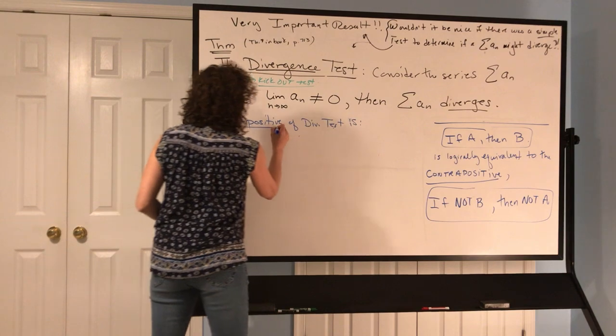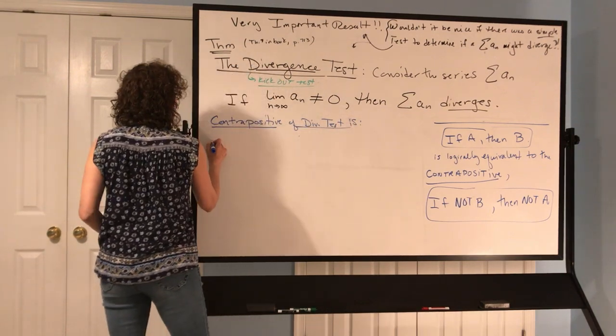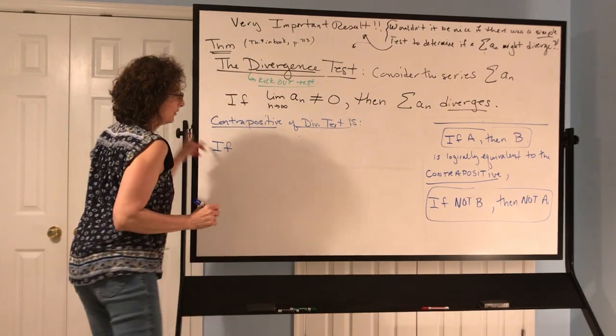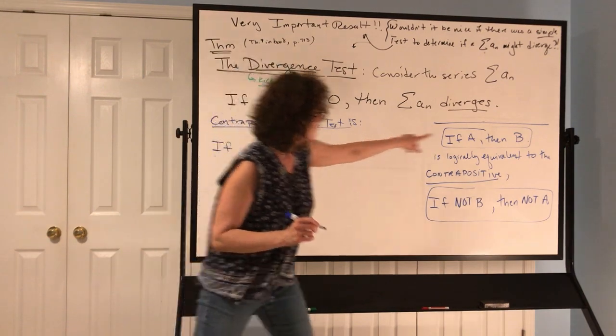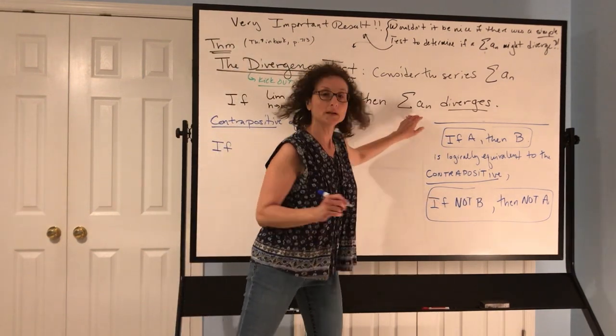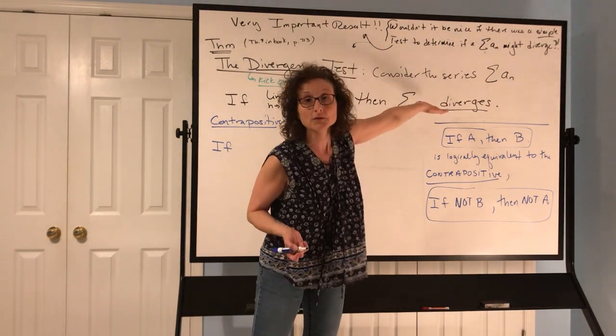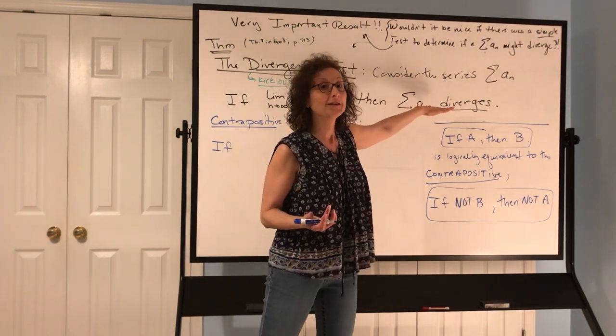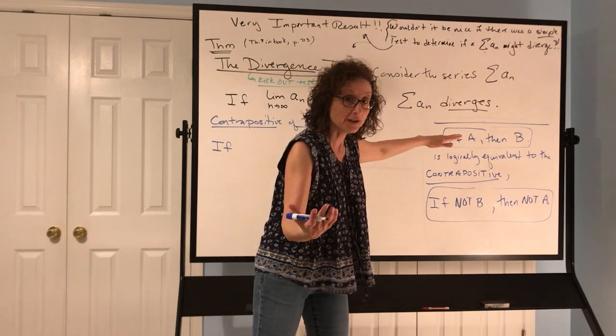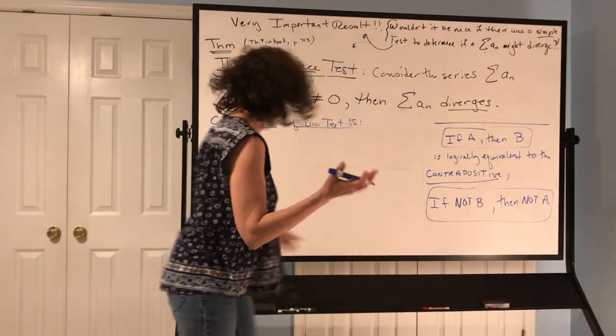So the contrapositive of the divergence test is if, okay, so what does this say to do? Take the B guy and negate it. So what does it mean if a series does not diverge? Good. Not diverging is good. Converging, right?